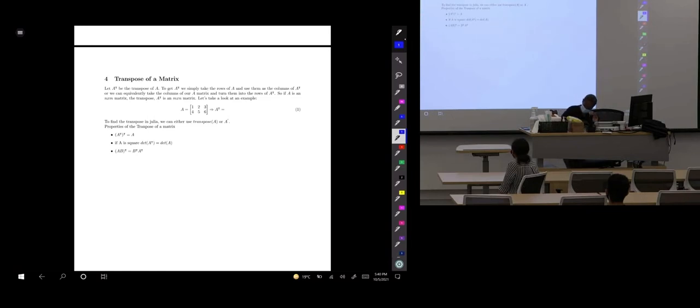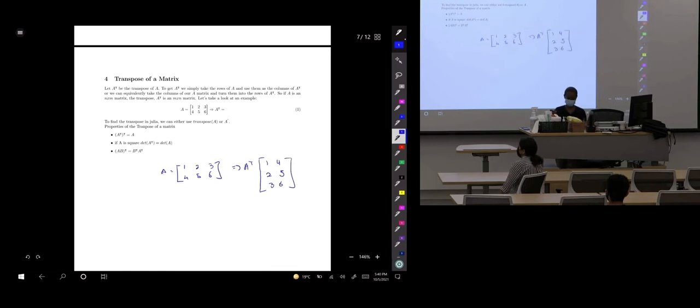So for instance, if you had a matrix A here, which I'll rewrite: 1, 2, 3, 4, 5, 6. I wasn't very creative. Could anyone tell me what the transpose of this matrix would be? Yes. 1, 4, 2, 5, 3, 6. Correct. Exactly. That's exactly it.